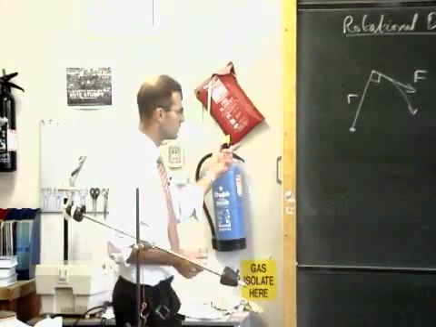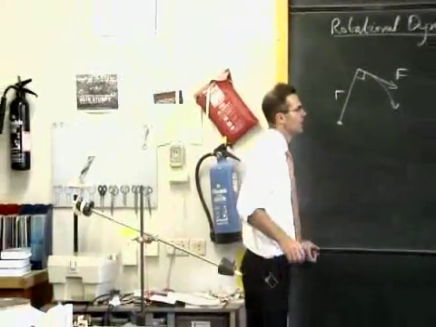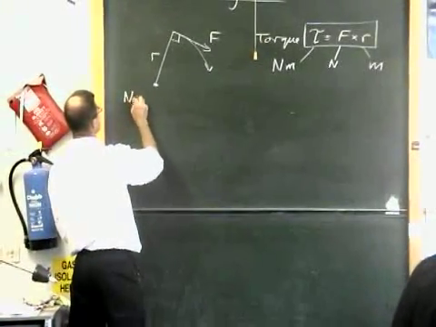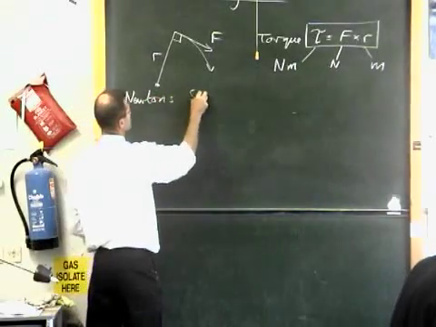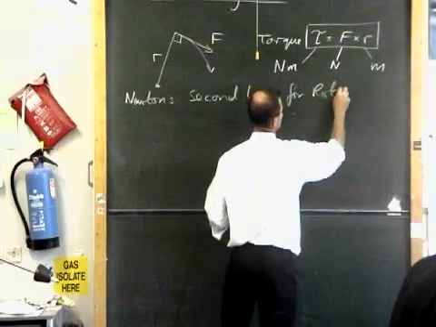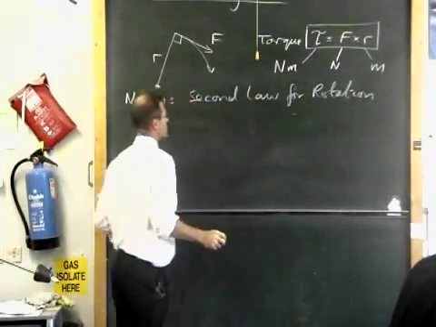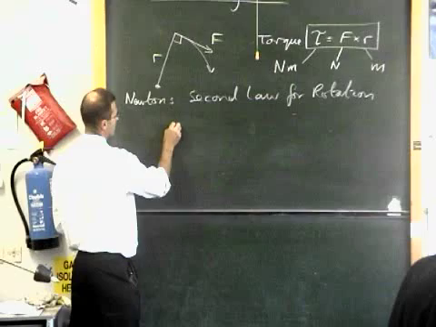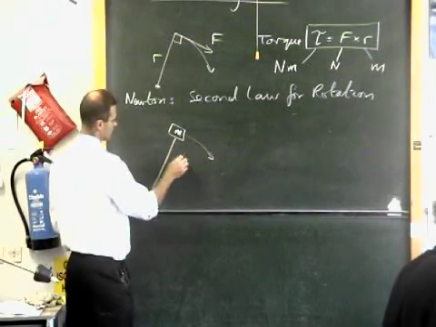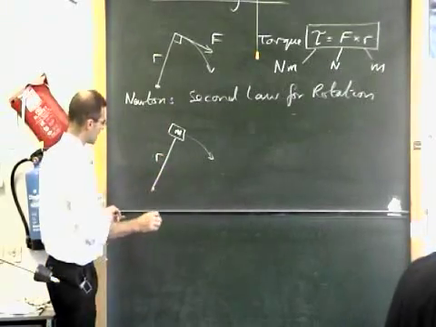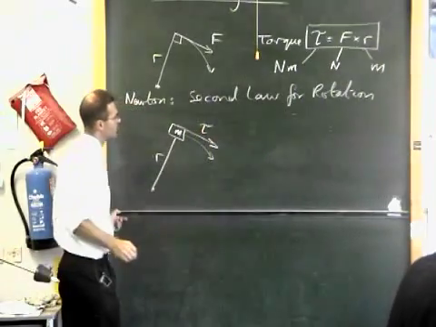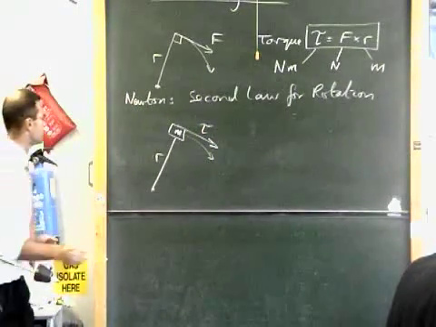Anyway, so we just add in underneath here, if you haven't already got it in your notes, Newton's second law for rotational motion. So if you've got a mass which is rotating around a circle, there's the radius r, it's got a torque applied to it, tau, which could be equal to force times radius.